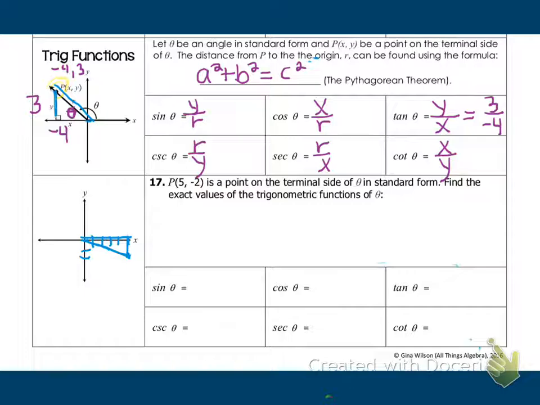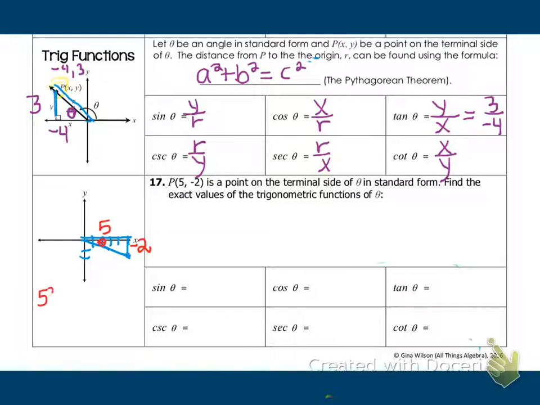And theta would be the reference angle, which is the angle that's formed with the x-axis, so that would be right there. The two sides that we know would be those coordinates, 5 and negative 2. And then we could use those two sides to find the hypotenuse.